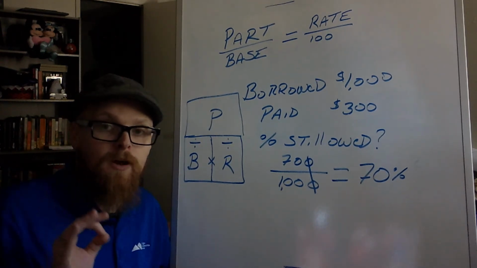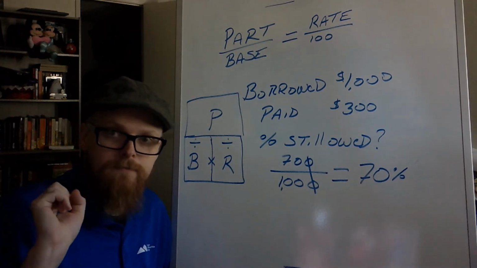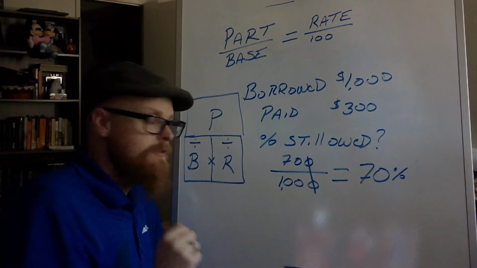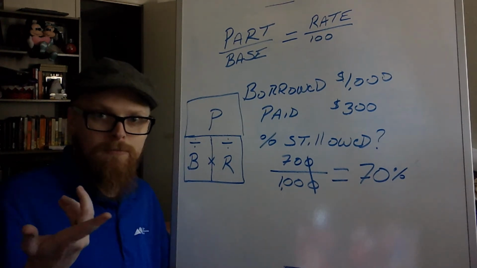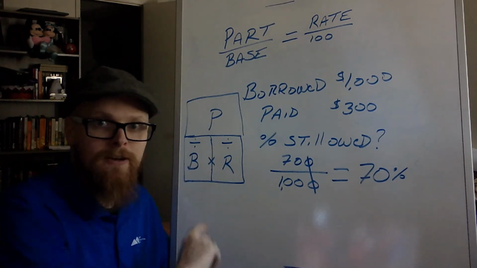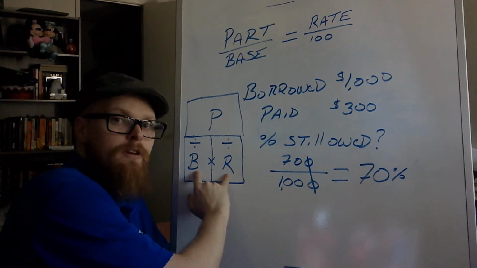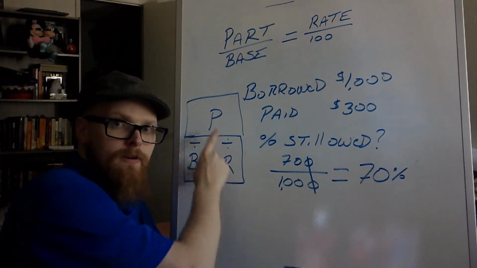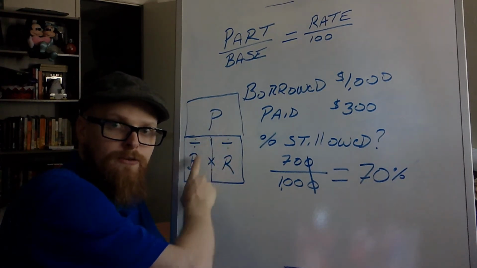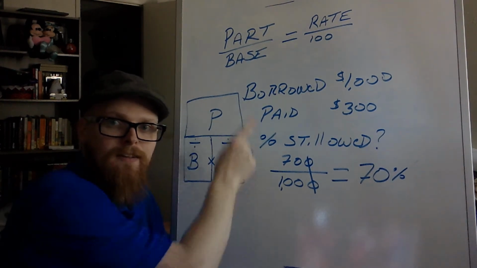Those are your first questions. Once you have those down, I prefer to label them, even inside the word problem. You put a P next to the part, a B next to the base, and an R next to the rate. Come to this equation and determine, do I need to multiply those two numbers, or divide these two numbers? This piece can be kind of confusing.